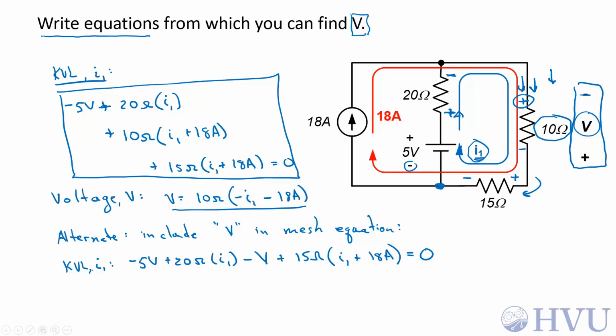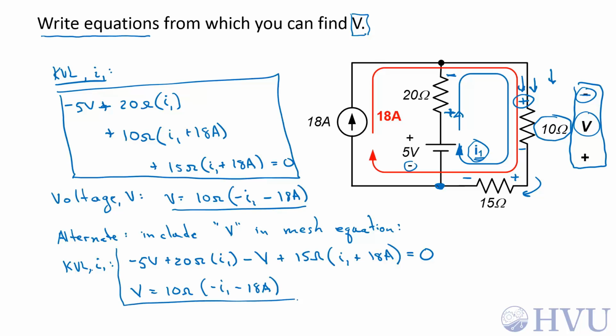Now I need an equation for V. V is still equal to the same thing it was before. It's the resistance 10 ohms times the sum of the currents through the resistances. I1 is still entering this negative terminal, so that's a minus I1, and the 18 amp source is still entering the negative terminal, minus 18 amps.